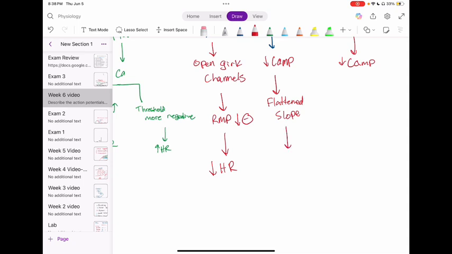So as the slope is flattened, it also decreases the heart rate. And this decrease in cAMP over here is going to make the threshold higher. It is also going to result in a decreased heart rate.